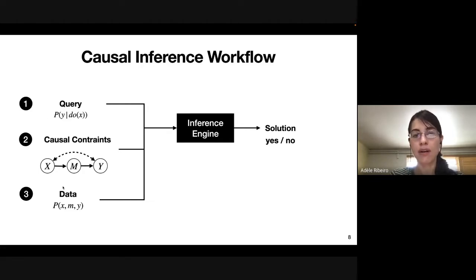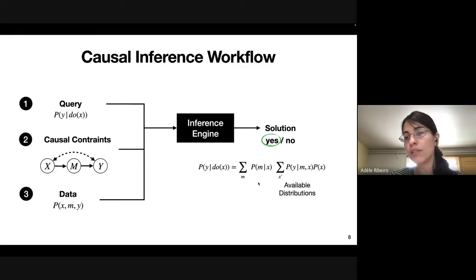But if the causal diagram is encoding sufficient knowledge to determine the causal effect, then we will have an expression that's only in terms of the distributions available. In the case we just have observational distributions, we have some extensions of this engine, if you have multiple data sets or multiple studies, some experimental studies, some observational studies.